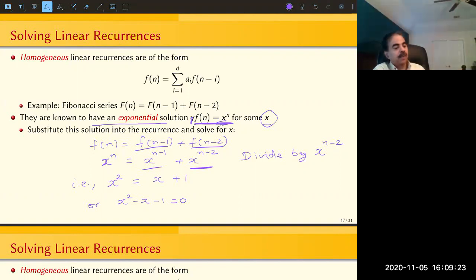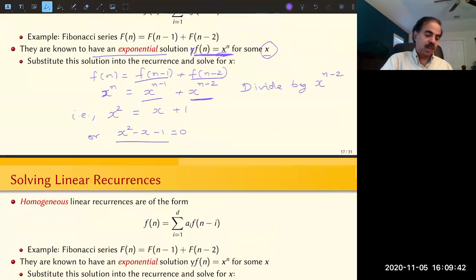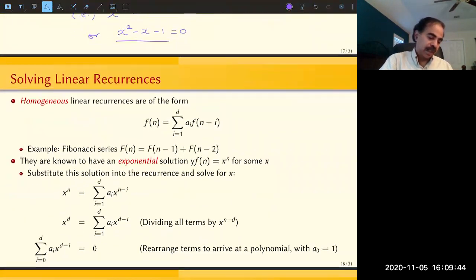Right. When we were trying to prove this property of the solution for Fibonacci, we made a point that this particular funny looking number is actually a solution to this quadratic equation. Let's go ahead, and we will solve this quadratic equation in a little bit.